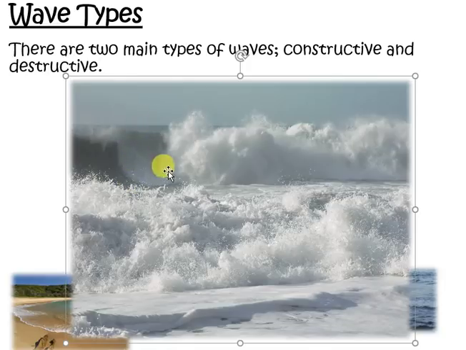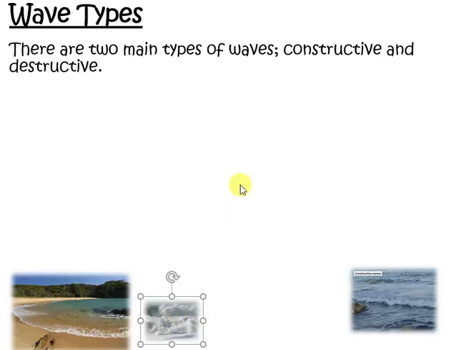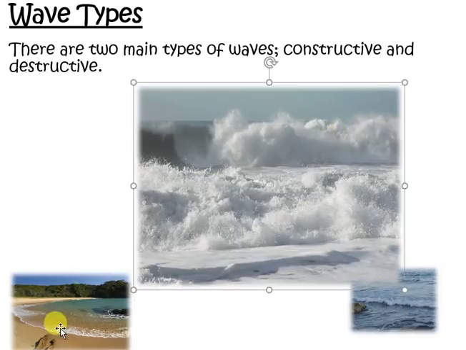So you can see these are crashing onto the beach. These have got a weak swash and a strong backwash. And whenever we look at any beach features, chances are they're going to be caused by one of these 2 wave types.